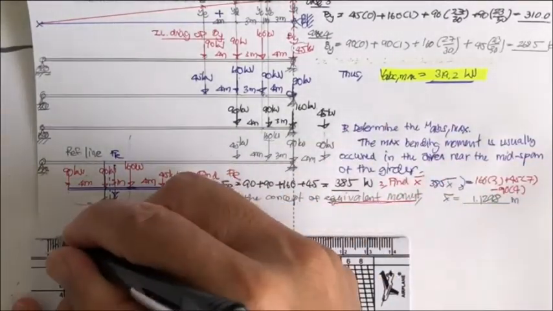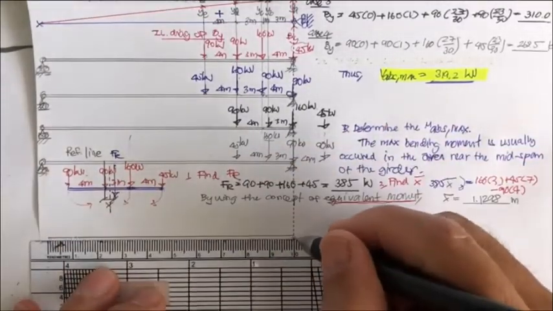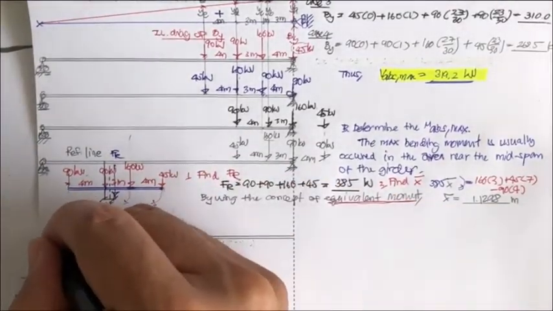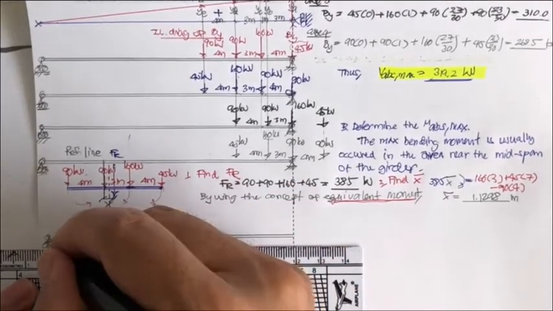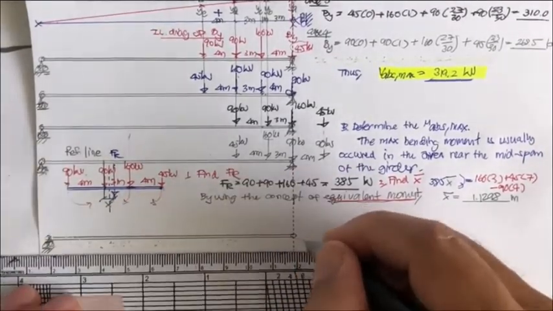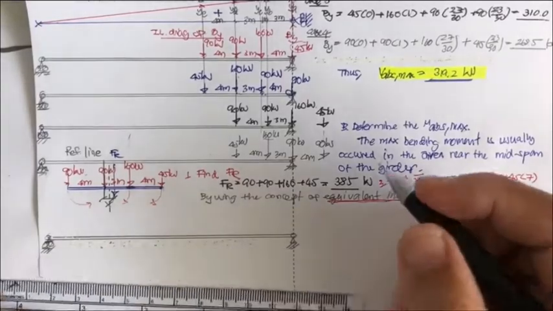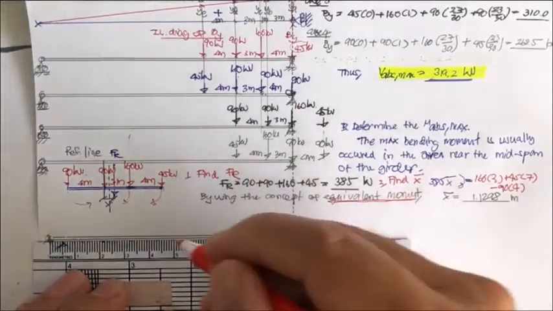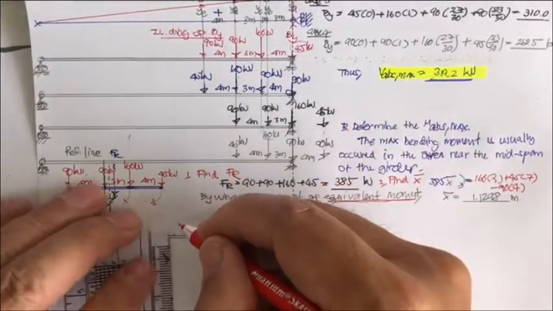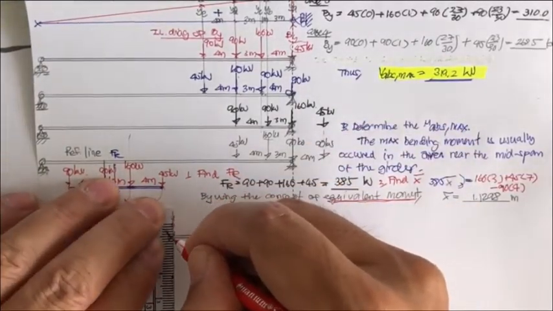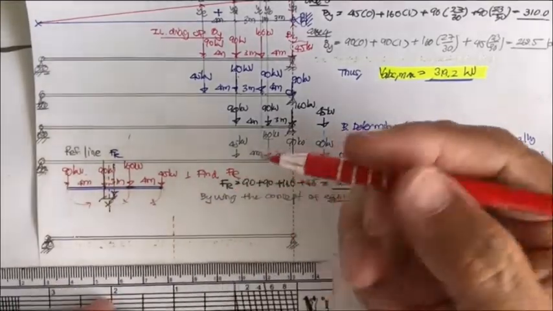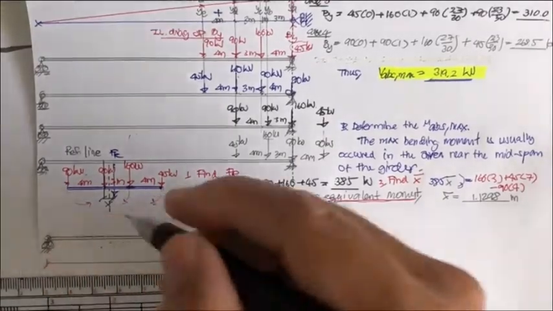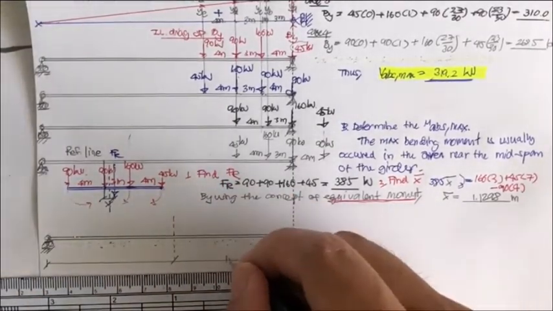This is a 30 meter beam, with 10 centimeter on this, and then we have this as the roller, and we have this as the pin, and the center of the beam is going to be 15 meters and 15 meters. This is half of the length, 15 meters.